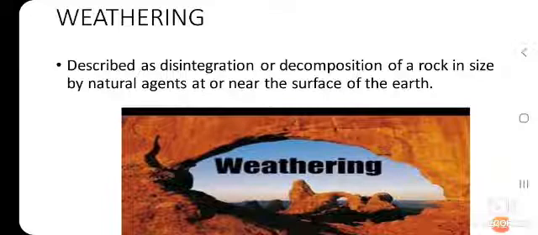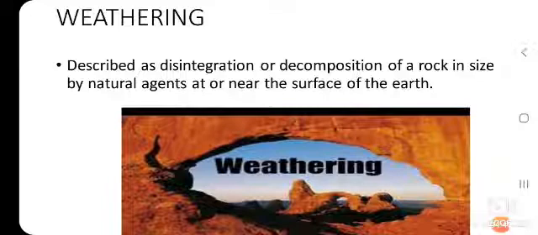And what is decomposition? Decomposition is the decay of rocks due to chemical changes. So, disintegration and decomposition of the rocks by natural agents is known as weathering.